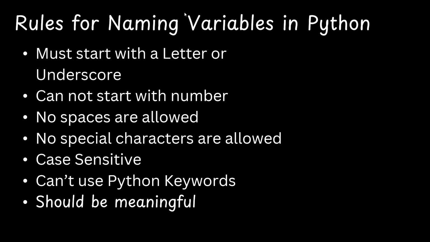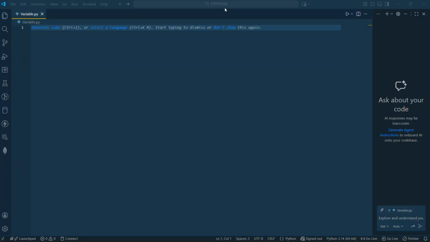So let's understand this with an example. For that, let's go to Visual Studio Code or any Python code editor. Here I have already created a Python file named variable.py. Now let's understand the code. See, the first rule is a variable name must start with a letter.